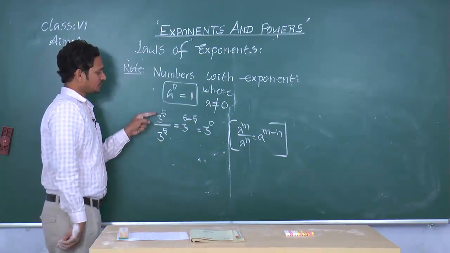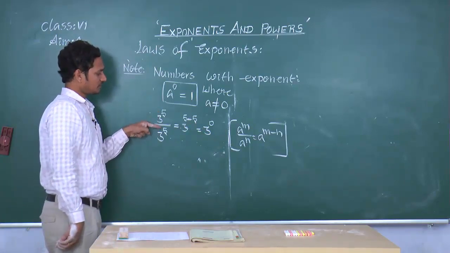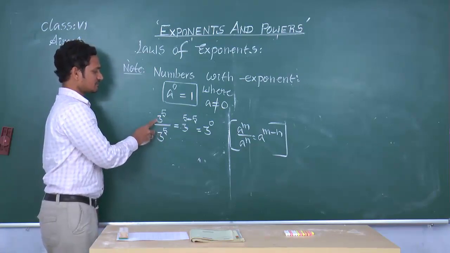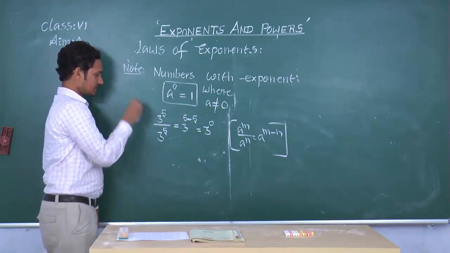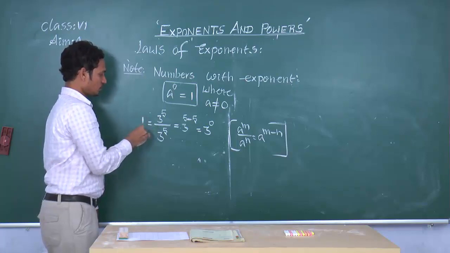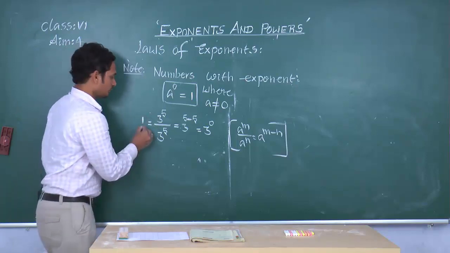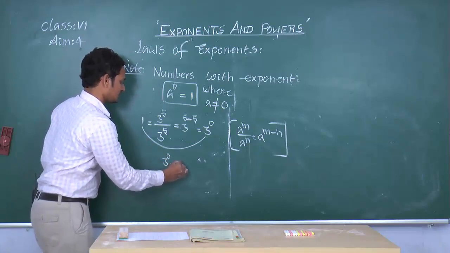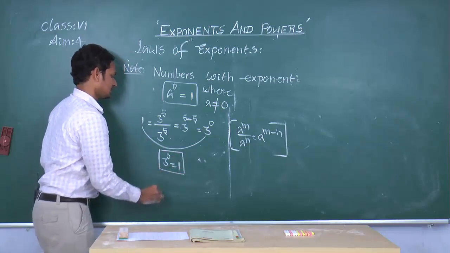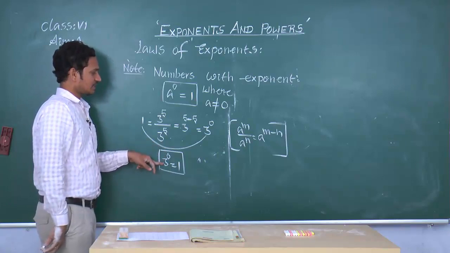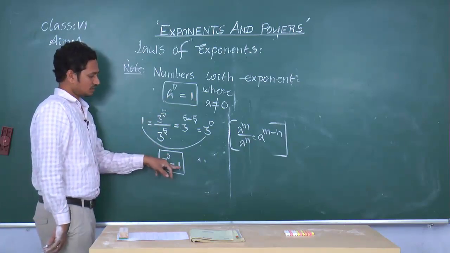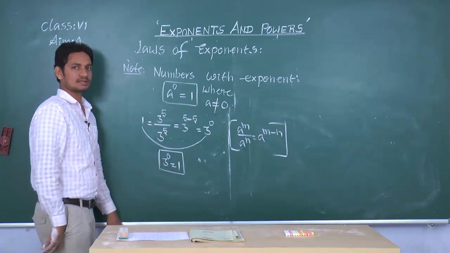And what would be the value of 3 power 5 by 3 power 5? Both are having the same values, so obviously this result is always 1. So finally we can say 3 power 0 is always 1. From here onwards, any number with power 0, the value is always 1.